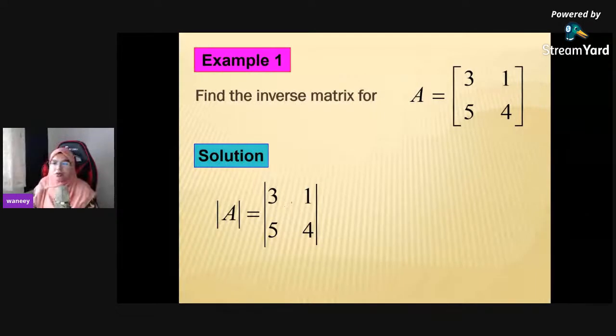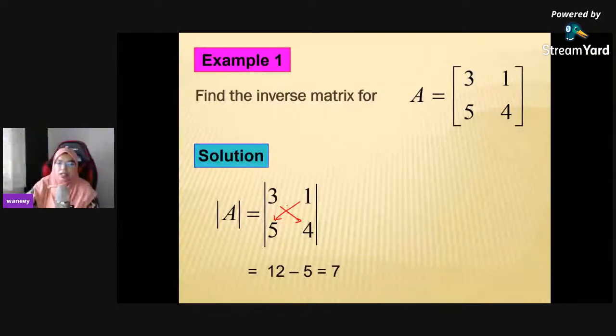So determinant of a 2 by 2 matrix. So A times D minus B times C. So 3 times 4 minus 1 times 5. So this is actually 12 minus 5, which is equal to 7. So I do know that the determinant is not equal to 0. I definitely have the inverse matrix. So let us substitute into the formula to find out the inverse matrix.